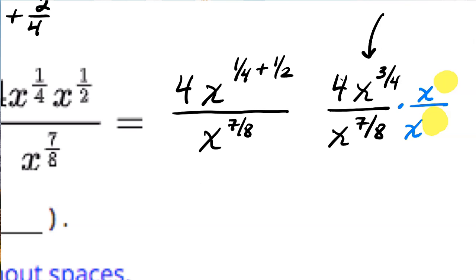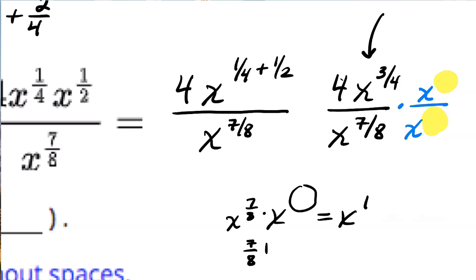So let's think about that. If we had x to the 7/8 times x to something, and we want it to be equal to x to the 1st, so there's no more fraction in the denominator. Well, properties of exponents is that we'd be adding the exponents, 7/8 plus something equals 1. So that something there, it looks like we want 1/8.